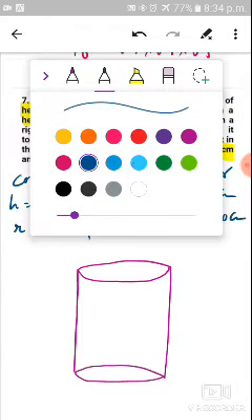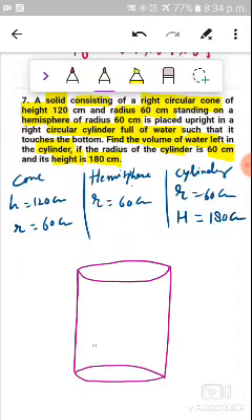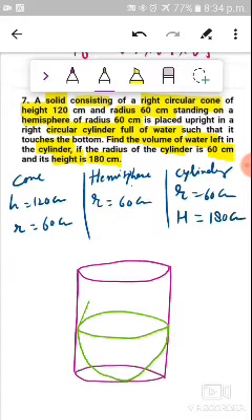And the hemisphere is touching the bottom, and the cone is above it. Okay, so this is the diagram.